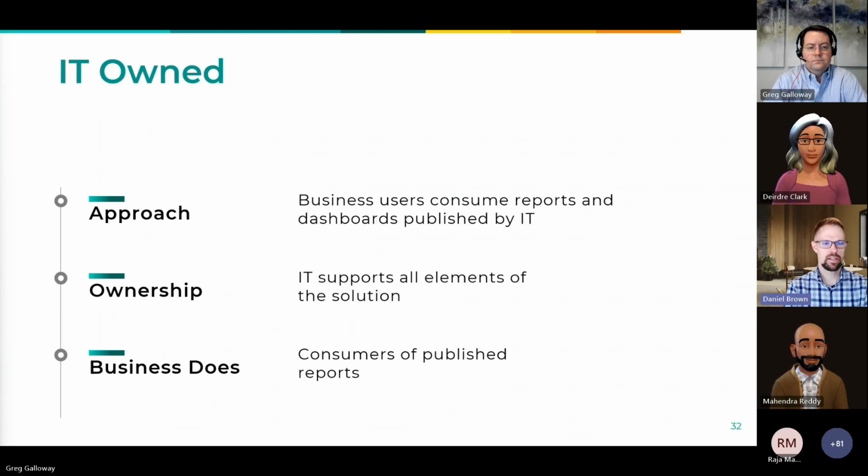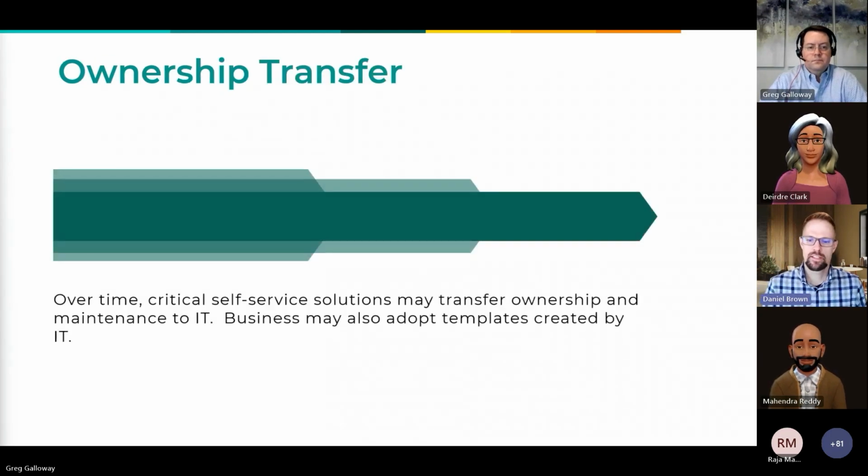So when we get to the next slide, this can be a fluid process, where something might start in the self-service space but becomes critical over time. It becomes a critical report to the organization. The maintenance of it and keeping it up to date becomes more critical because more people across the organization are making key decisions off of it.